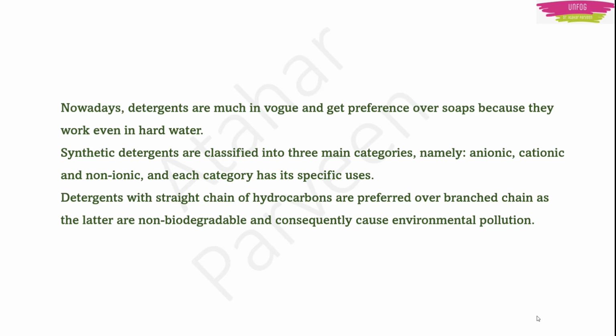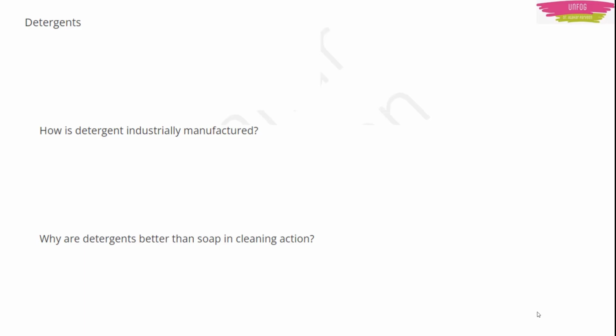Moving on. After discussing so much about soaps and detergents, I'll give you a quick recap to make you more clear on soaps and detergents. Based on your syllabus, they may ask anything upon detergents. So first we should know what detergents are.